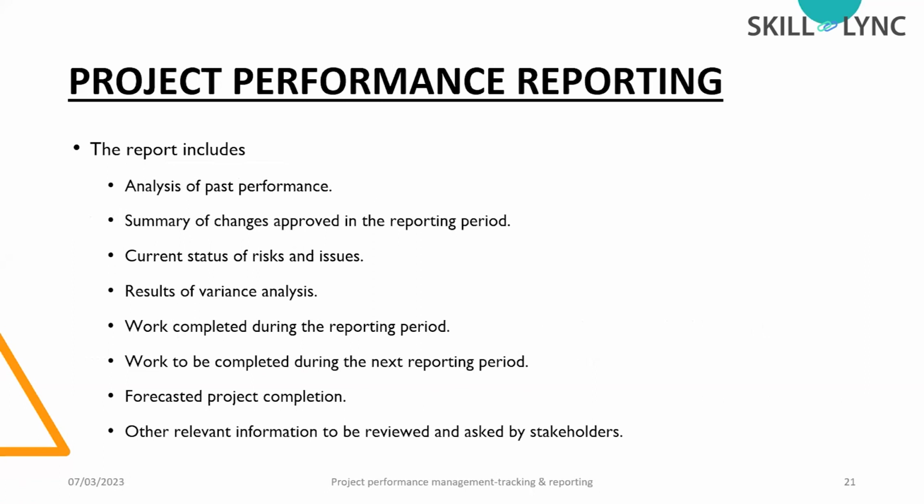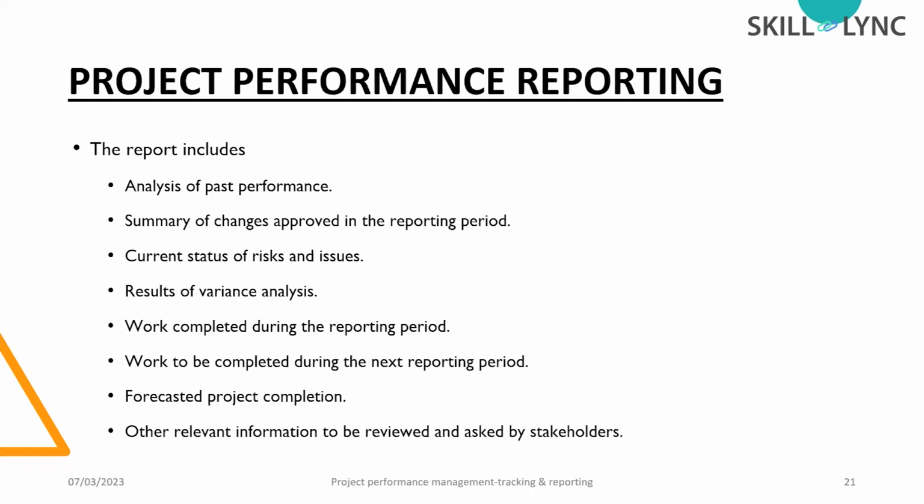We will mention that there. Then the current status of risks and issues. Because in the initial stage we do the risk management, what is the current status of it? What is the track of it? That also we will include in the reports.